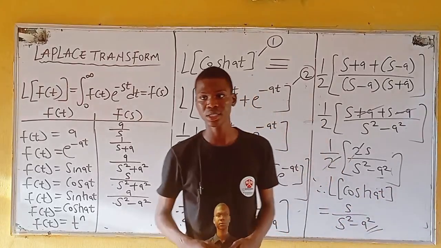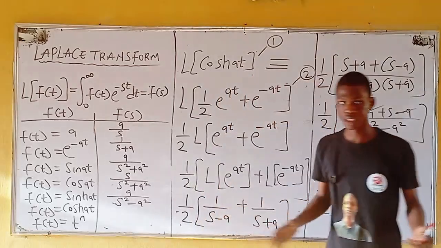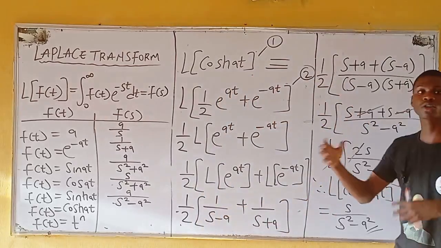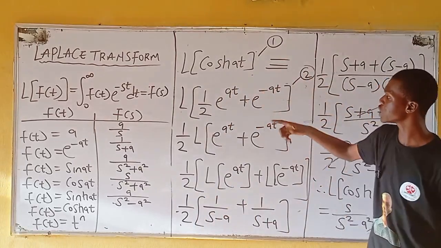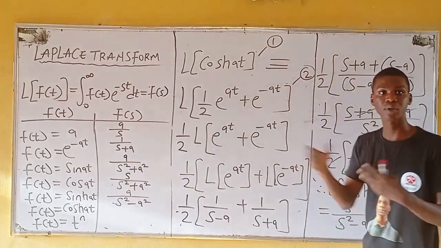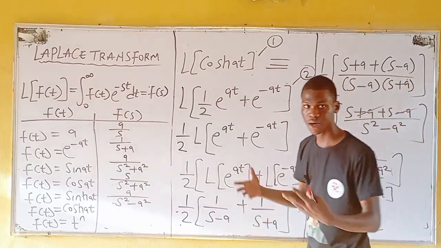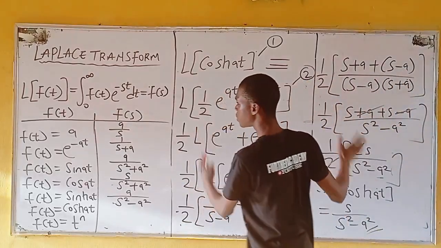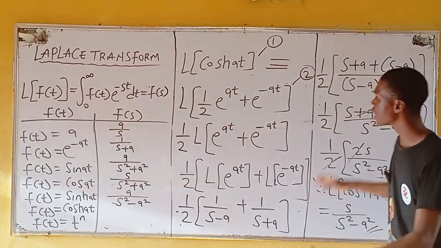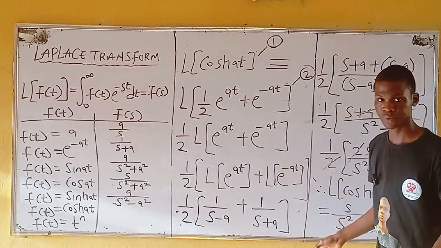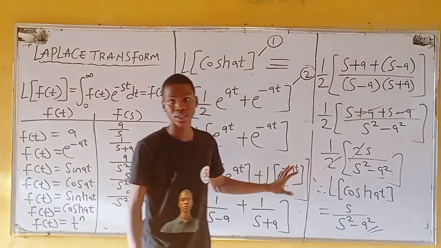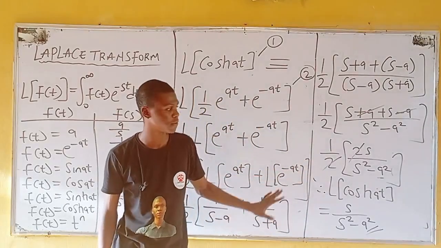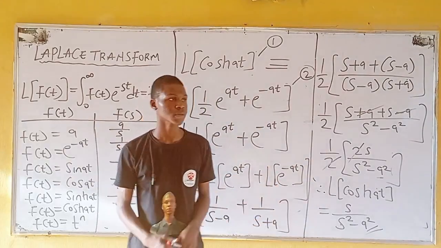Can you see what we just did? Instead of going through the whole process, substituting cosh at as this function, then multiplying to find our integral function, we can obtain it this way. We can actually find the Laplace this way. Now, can you see what I said previously? I said this is the easiest way, or the faster method.